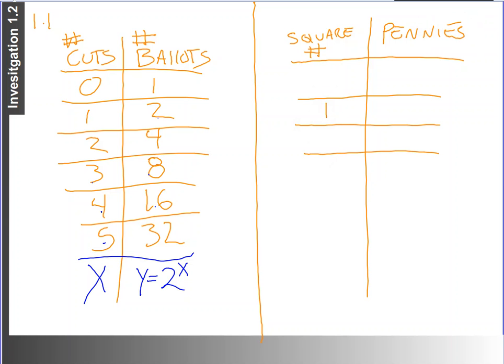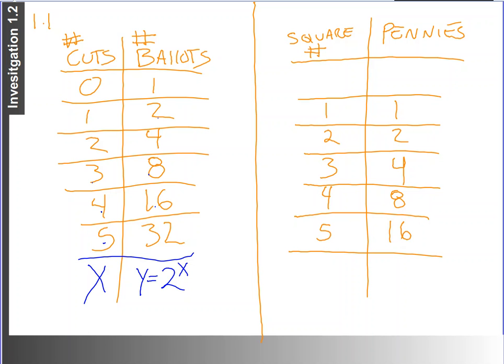So on the first square, how many pennies did we place on the chessboard? 1. How many pennies did we place on the second square? How many pennies were on the third square? 4th? 5th?